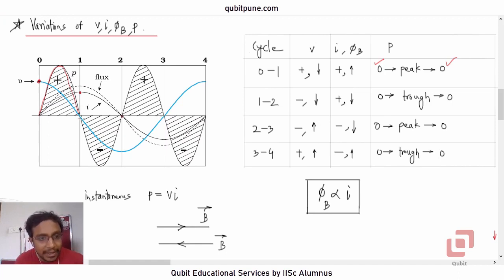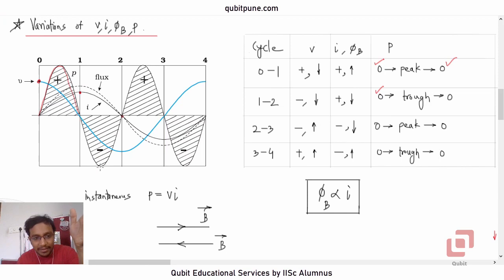Now look at the second cycle. In this case, the current's direction is opposite to that of voltage. Voltage is negative, current is positive, but current is decreasing. Current is decreasing but positive, and voltage is increasing in magnitude, although the sign is negative. So what will happen to the power? It will now peak, so to speak.